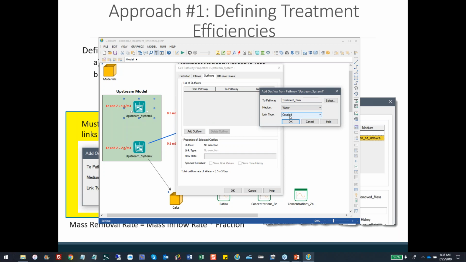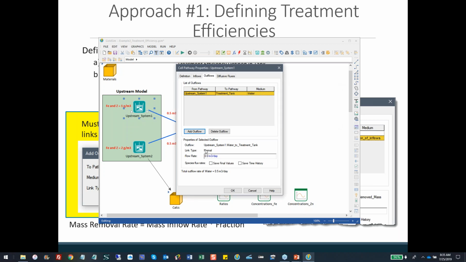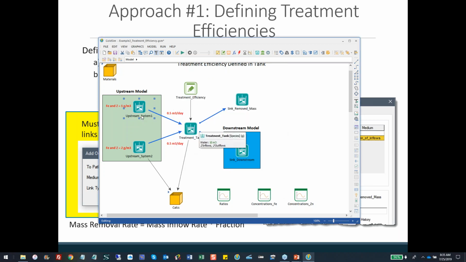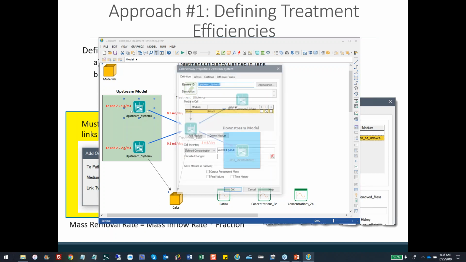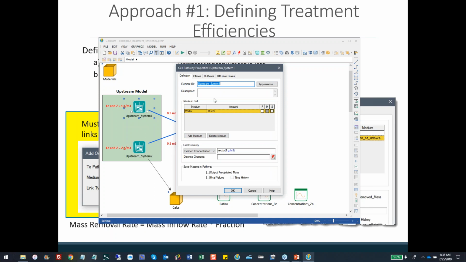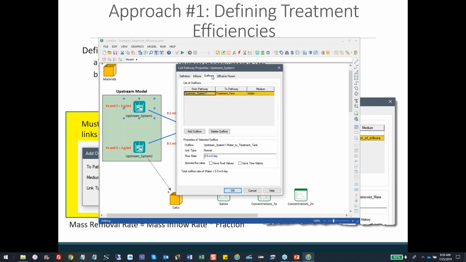If you specify this as a coupled link, it will be ignored. It will not be removed. I have to say it's a normal link. And when it's a normal link, I've now told GoldSim to remove that mass if I use a treatment efficiency. So actually, you could use this in some way. If there was some reason why the mass coming from this direction was not removed, but the mass coming from this direction was, you could simulate that by saying this is a coupled link rather than a normal link.